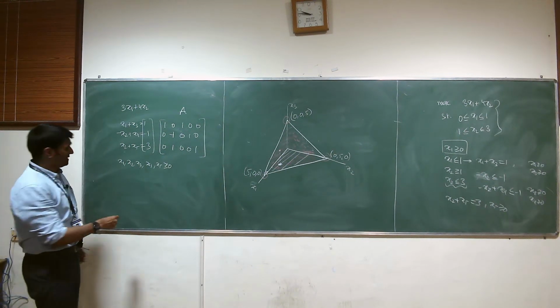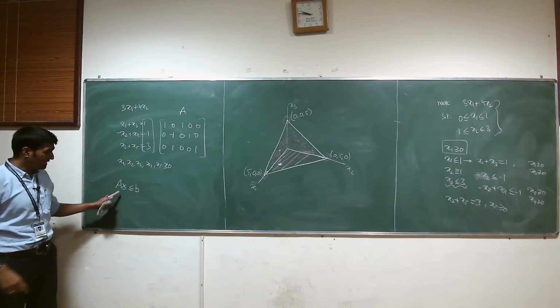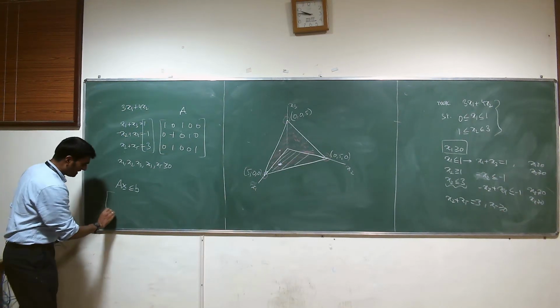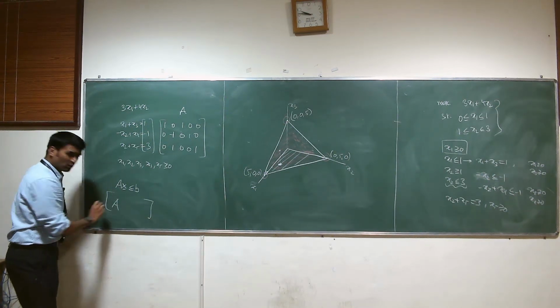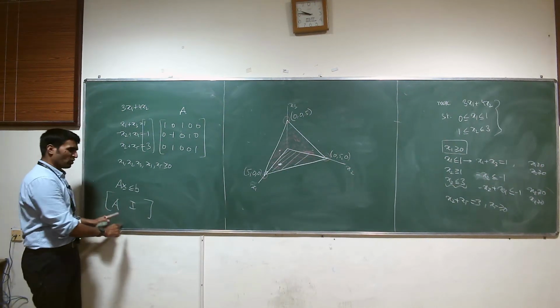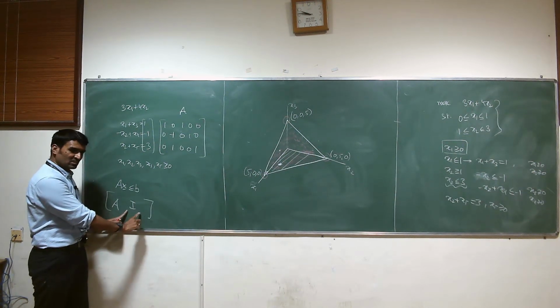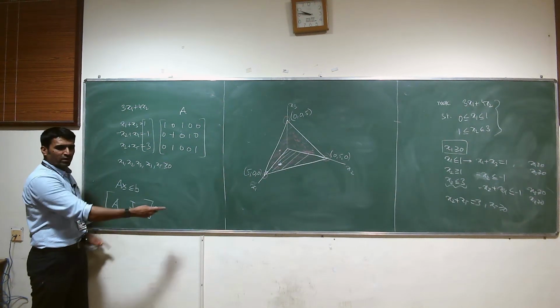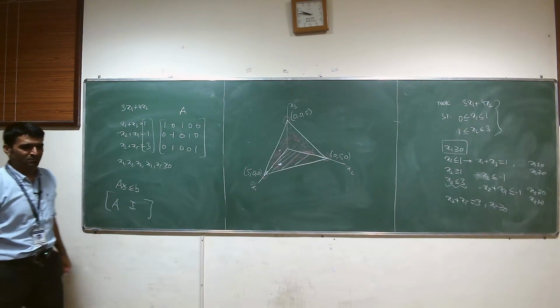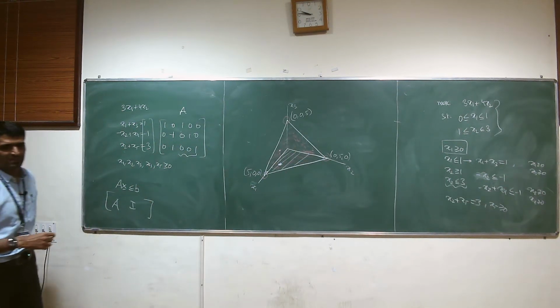See, often what will happen is whenever you have B and you introduce dummy variables, your A tilde will typically have a shape like this. You'll have your original A, and then you'll simply have I, well, not exactly I. You will simply have your unit vectors here, depending on how many unit vectors you had to introduce. So here we had to introduce 3, so you have an I3.